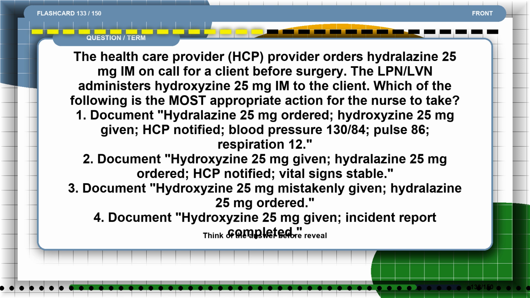Blood pressure 130/84, pulse 86, respiration 12. 2. Document hydroxyzine 25 mg given, hydralazine 25 mg ordered, HCP notified. Vital signs stable. 3. Document hydroxyzine 25 mg mistakenly given, hydralazine 25 mg ordered. 4. Document hydroxyzine 25 mg given, incident report completed. Think of the answer before the reveal.